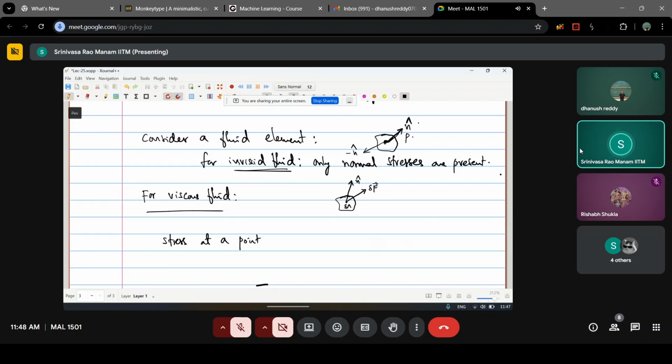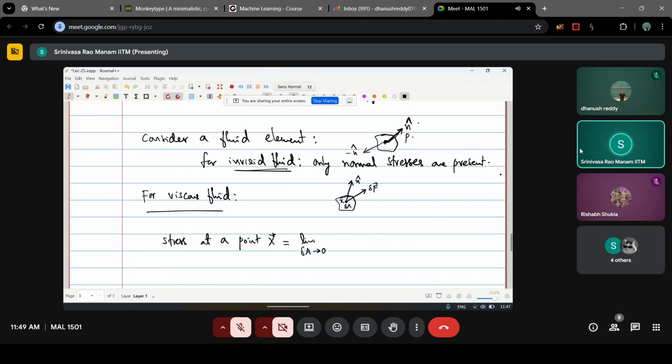So this is your area element delta A. Let us say at point x I have... Now I assume that the fluid element is so small, and I consider the limit where delta A goes to 0, so that it becomes a point x bar.